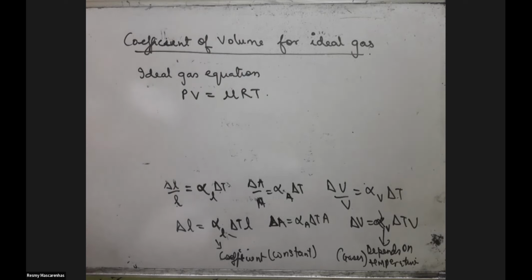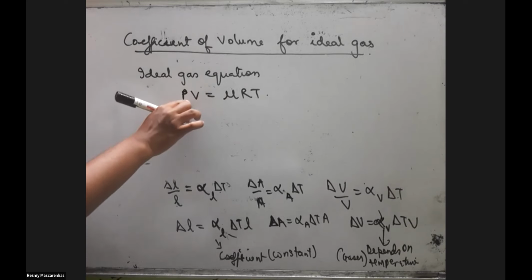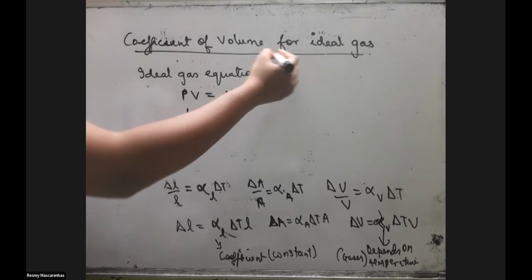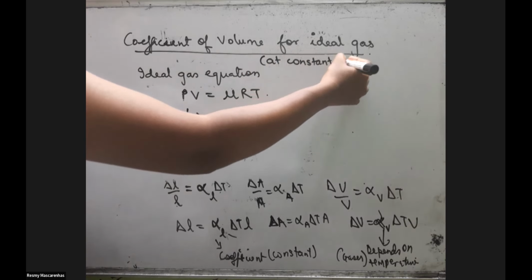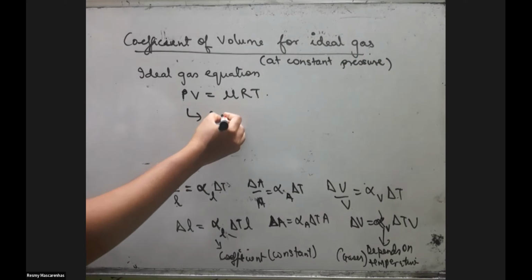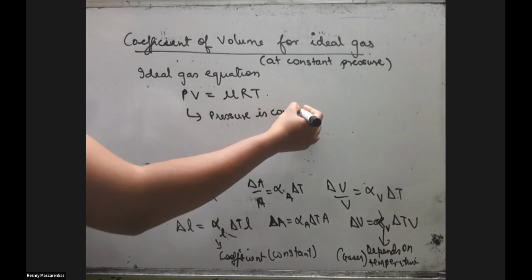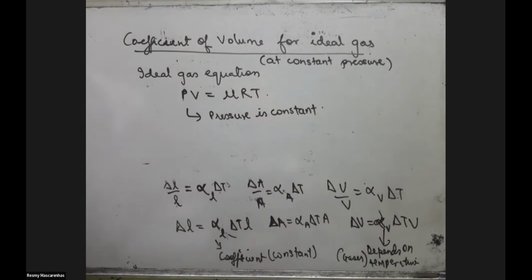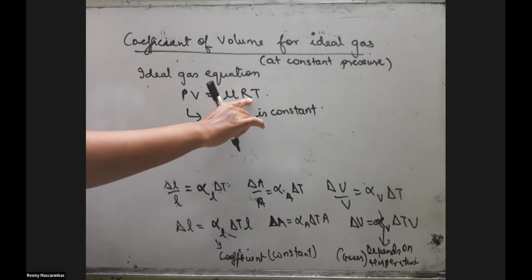Now what we are going to do? We are going to take pressure constant. We will not change the pressure. So pressure is constant, so it will not change. Mu and R are also constant.